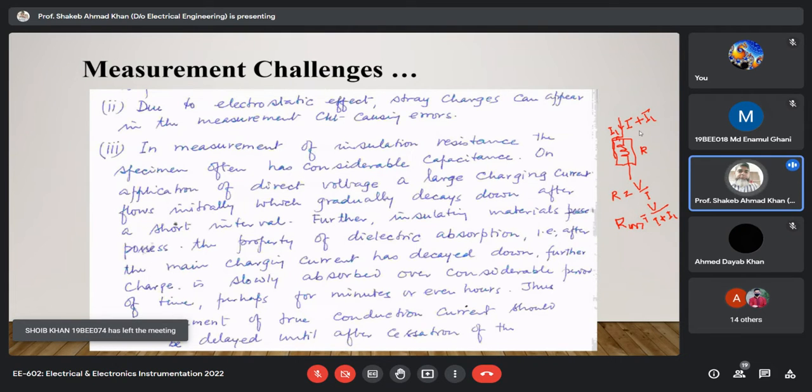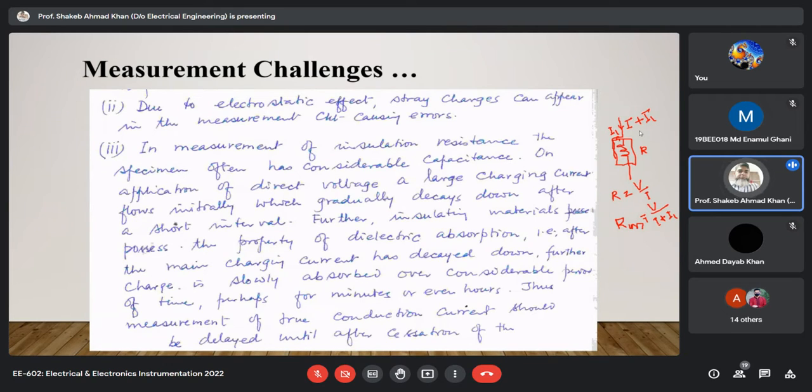This is another issue. Generally in high resistance measurement, we short the electrodes to the ground before starting the measurement, so that if there are any stray charges, they get grounded. We short both the terminals also, so they recombine if there are any charges.